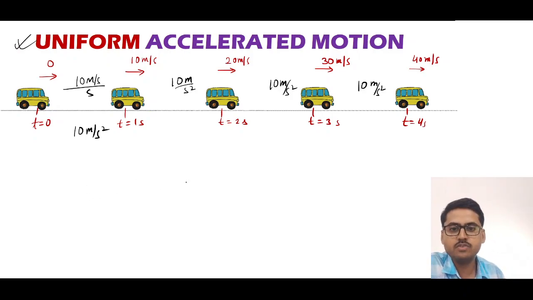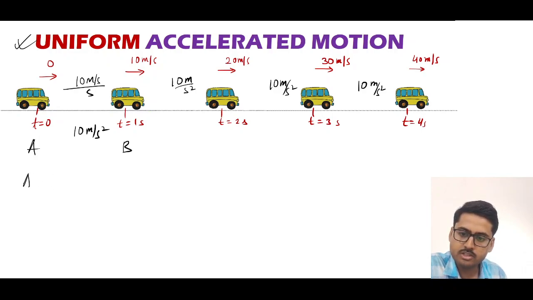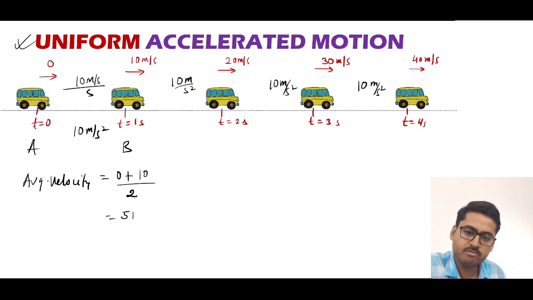In this case, let's say I want to find the average velocity between points A and B. The average velocity will be initial, that is 0, plus 10, divided by 2, and that will give you 5 meters per second.